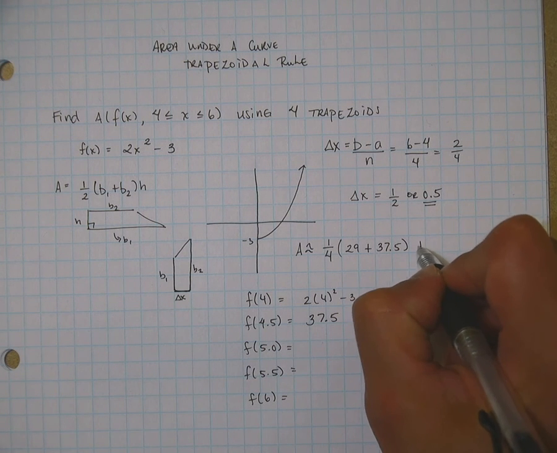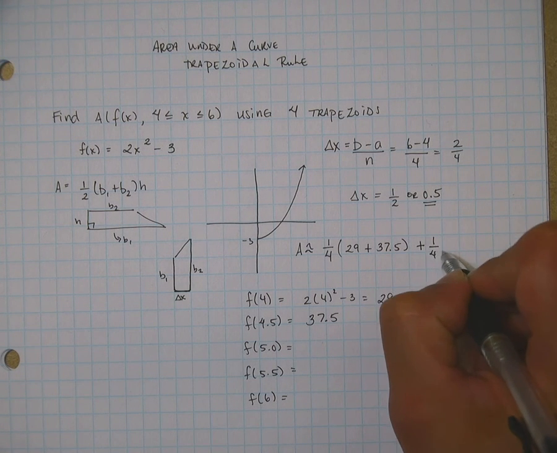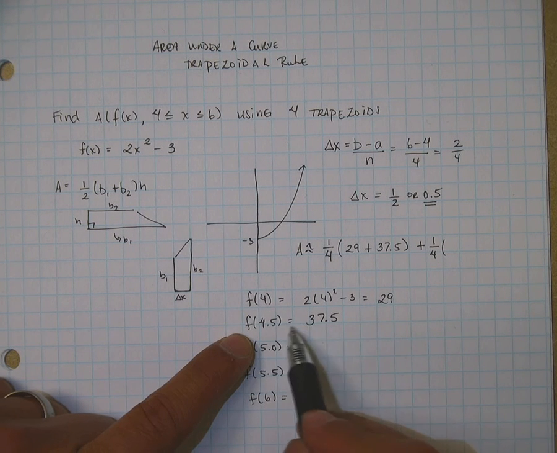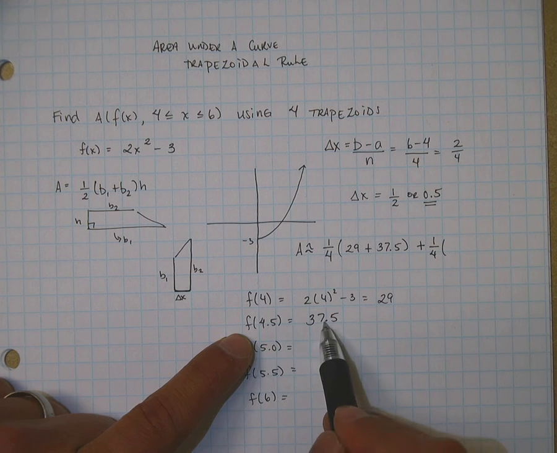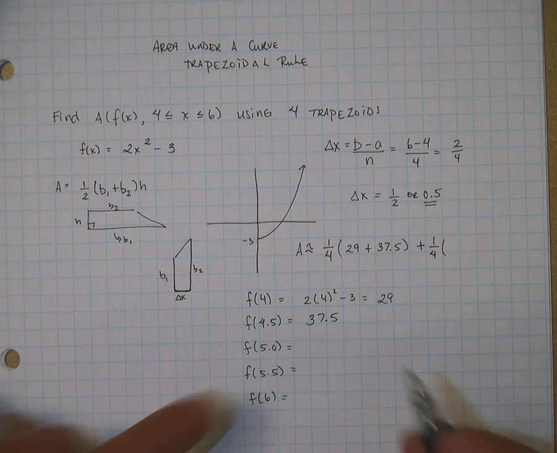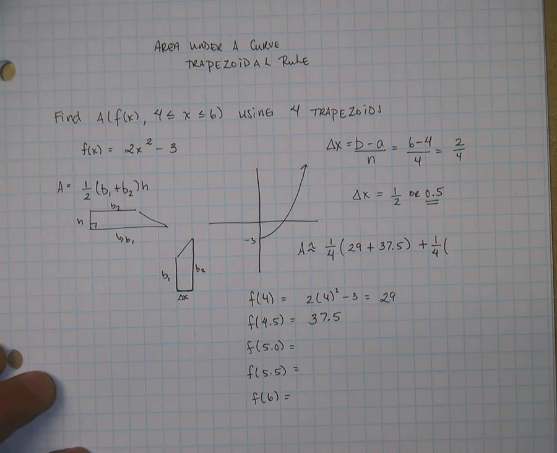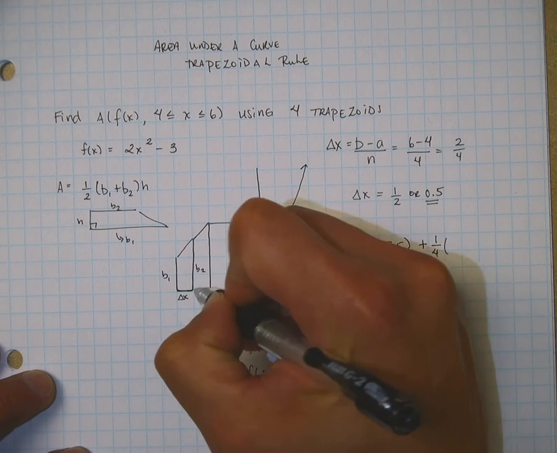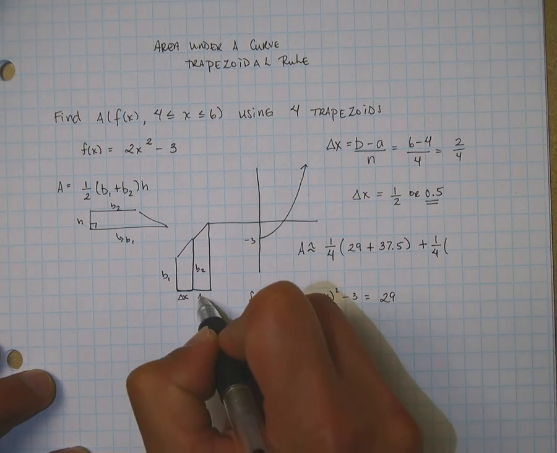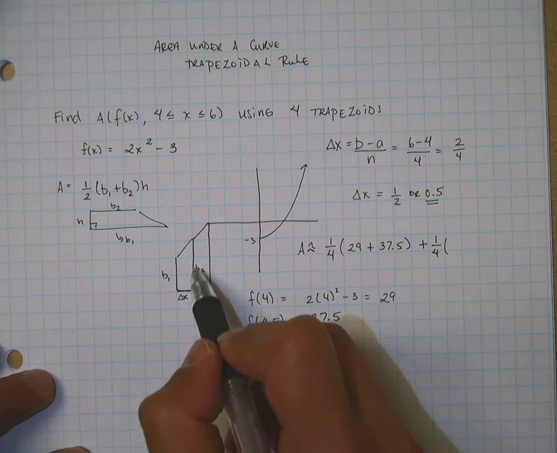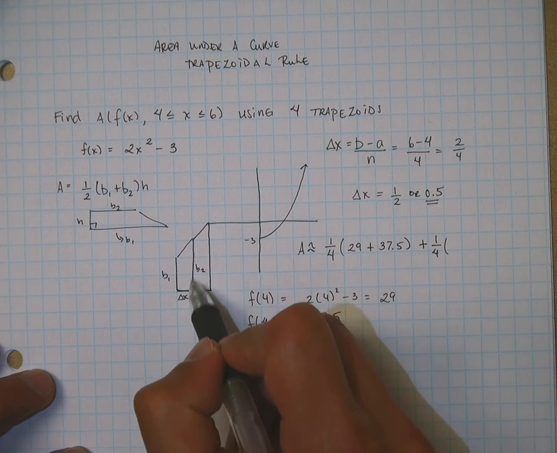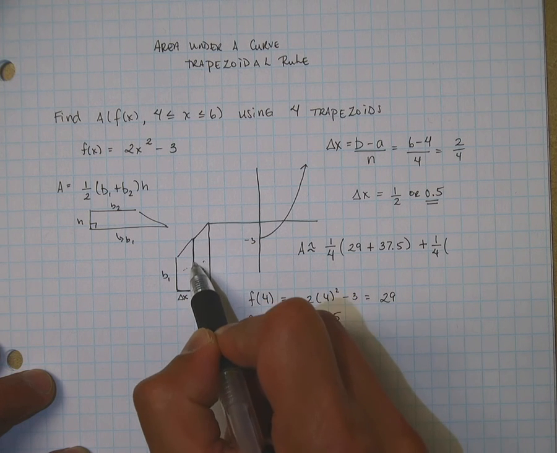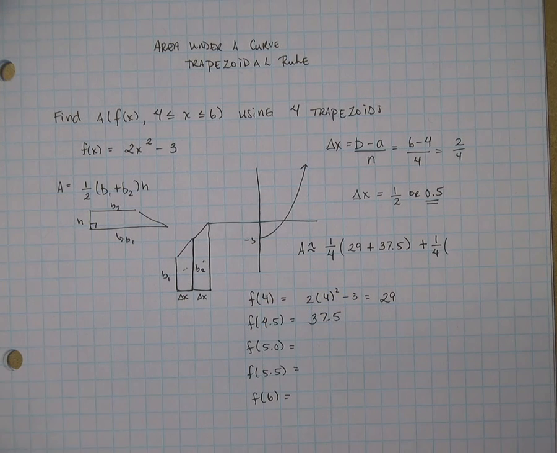My next one, same thing, 1/4. Now I'm going to use this side along with the next side. If you remember, if I have my trapezoid here and these joining here, we have another delta x, but this base right here is being used by 2 trapezoids, so you have to use it twice.